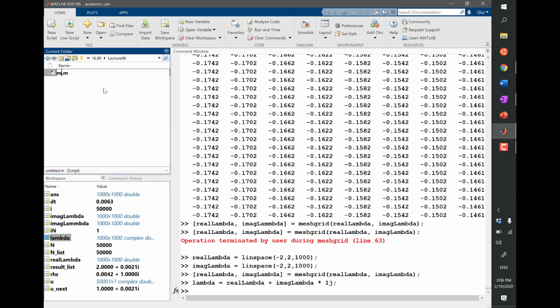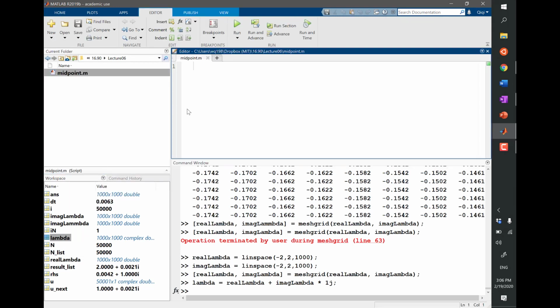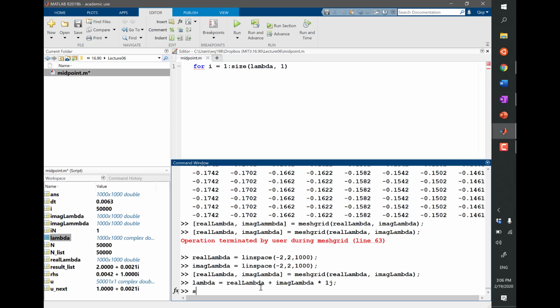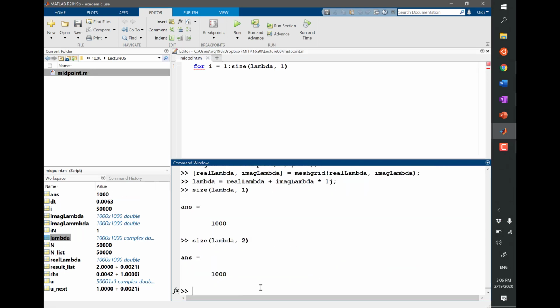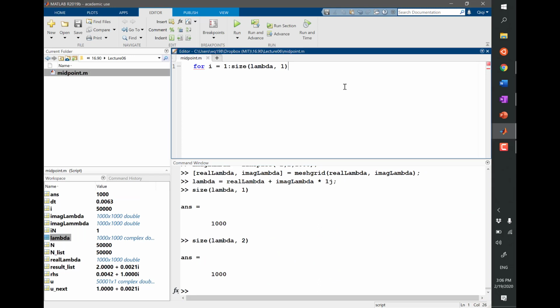The script midpoint. For i from 1 to the size of lambda in the first dimension, which is 1000, and j from 1 to the size of lambda in the second dimension, also 1000, and I close the loop.